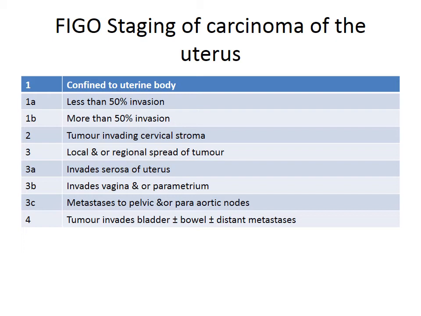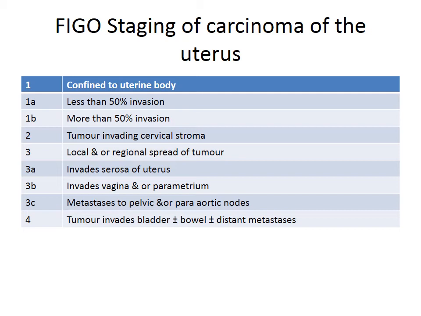Stage 1 is further subdivided into stage 1A and 1B. 1A is when there is less than 50% invasion of the uterine wall or myometrium, while stage 1B is when there is an invasion of more than 50% of the uterine myometrium.